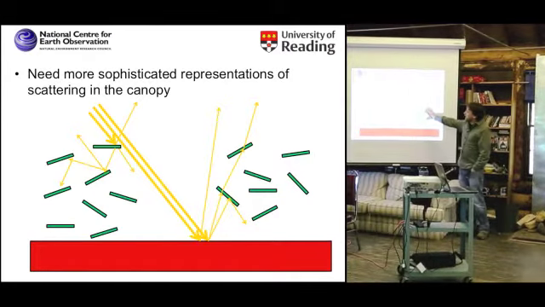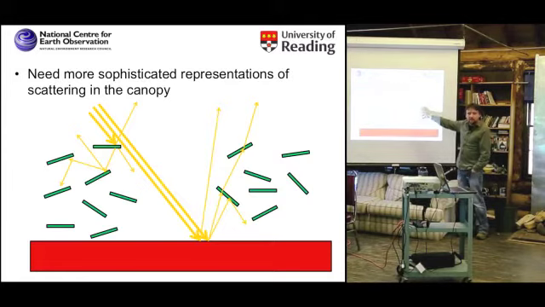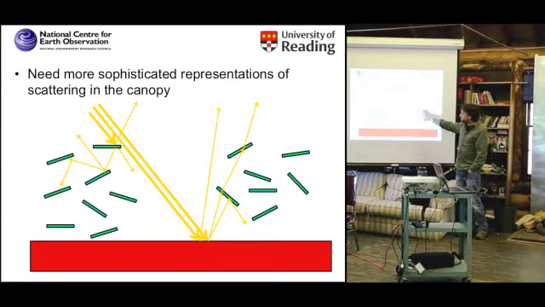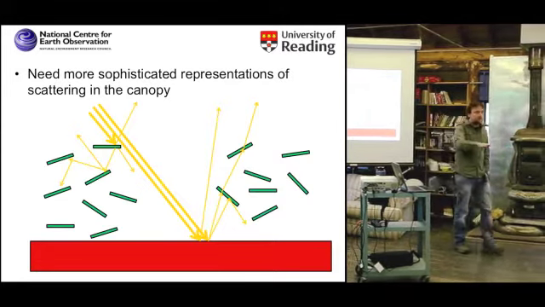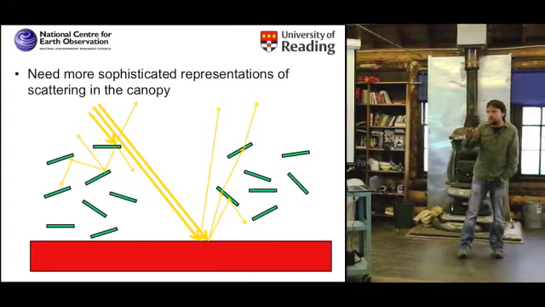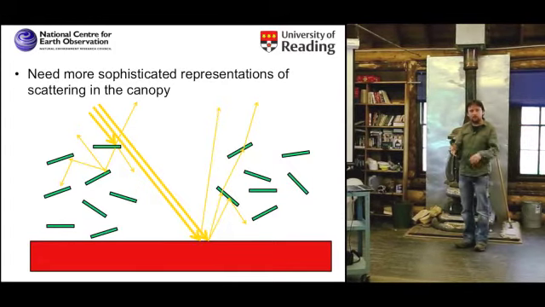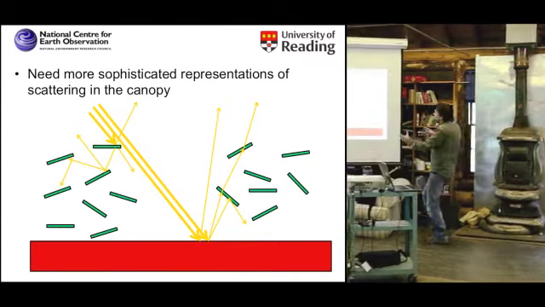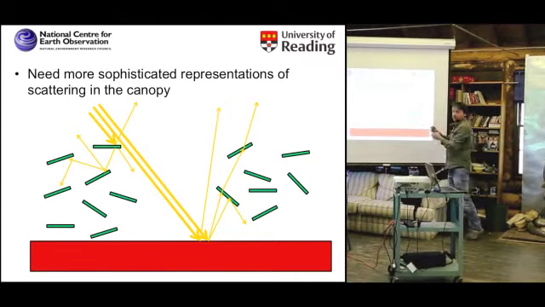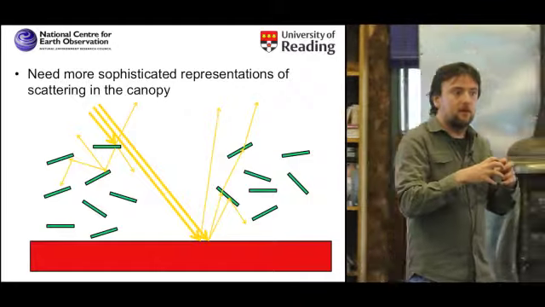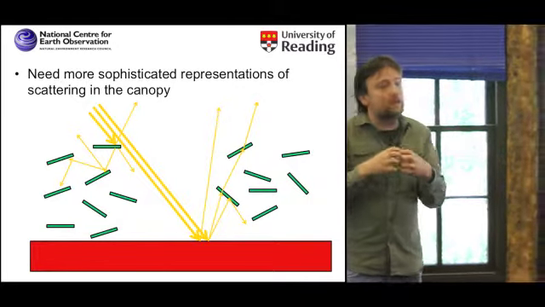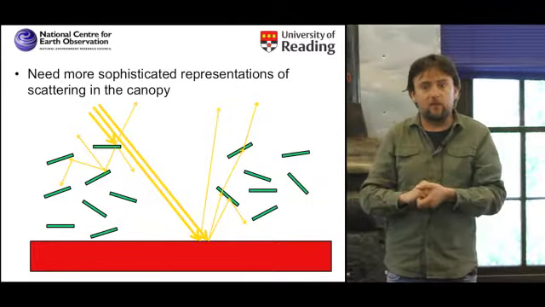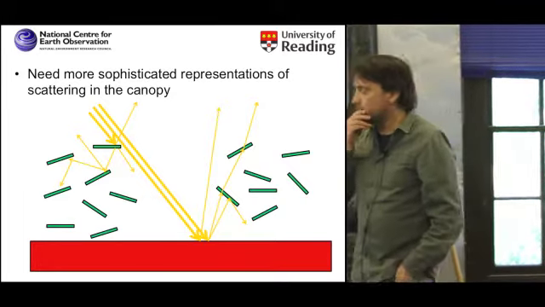When we use a Beer's law representation to estimate the fraction of absorbed radiation in the canopy, we're often calibrating that relationship to implicitly contain that level of clumping. But actually, we need to be explicit about it if we want to represent what the satellites see.